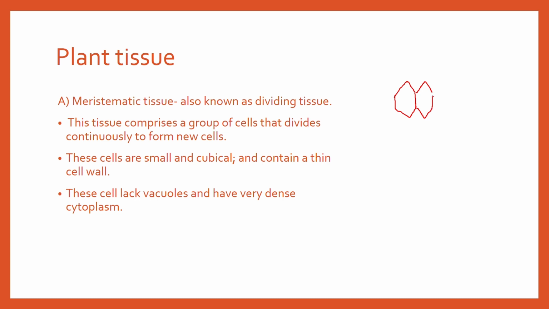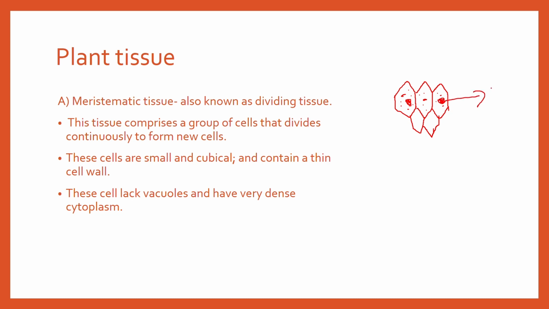Meristematic tissue cells look like this. They contain a nucleus, but they lack vacuoles and have a dense cytoplasm, and they contain a very thin cell wall.